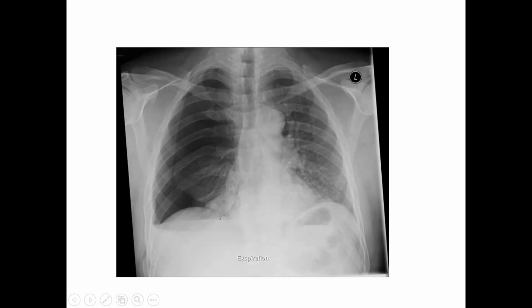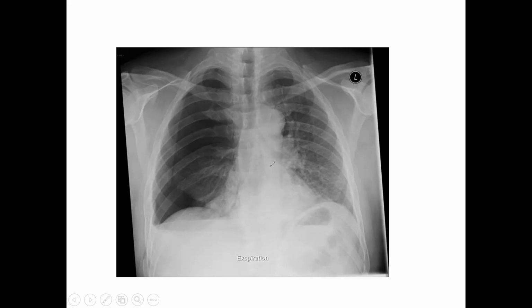You've got your gastric bubble here, your hemidiaphragms. You can make out the spinous processes throughout the cervical and thoracic vertebrae. You can see your trachea, find the bifurcation, your left and right main stem bronchus. You can also see the aortic knob or the aortic arch. The heart's oriented in an appropriate position.